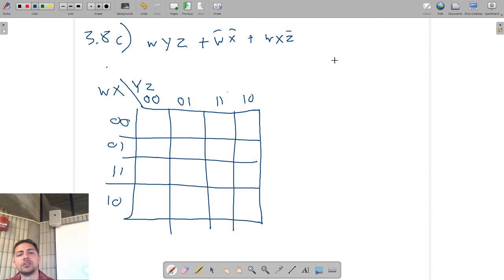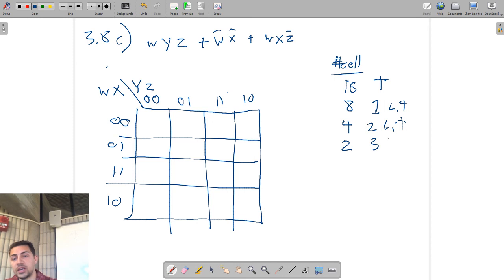I gave you rules that say if you have a group or a number of cells, if it's 16, that's just equal to true. If it's 8, that's 1 literal. If it's 4, it's 2 literals. If it's 2, it's 3 literals.